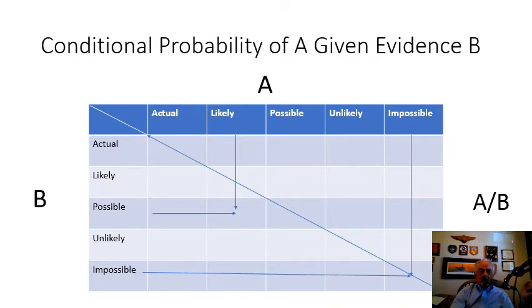All right, here we can see that the conditional probability of A given evidence B. So here we have A and B, and we're looking at both of those events, if you will, with respect to their conditional probability of having occurred or actually being true.